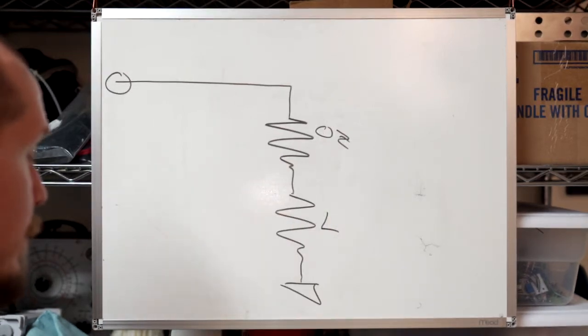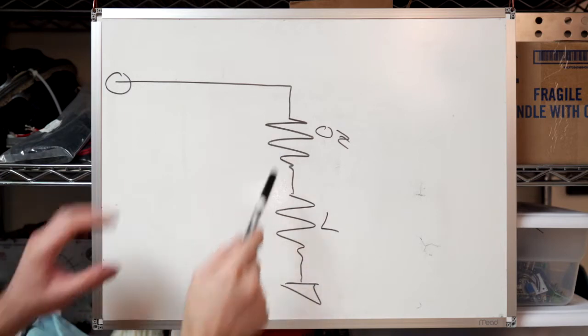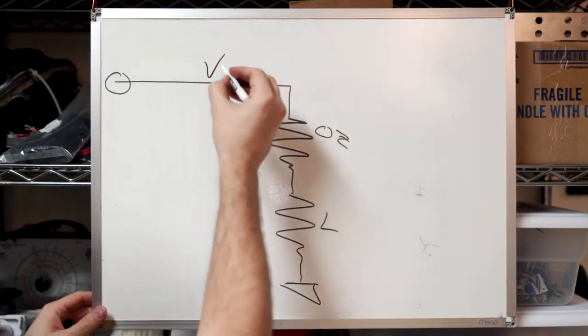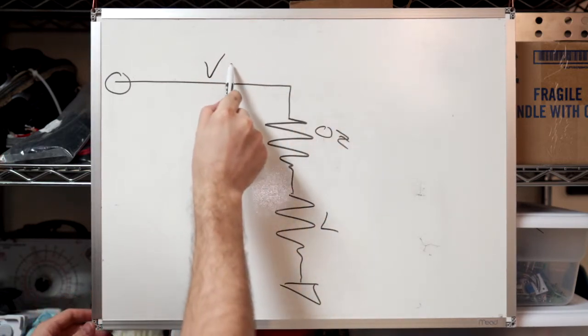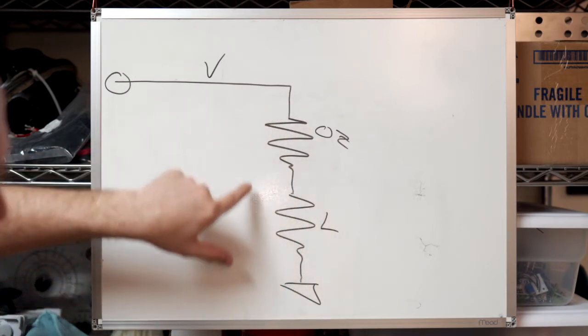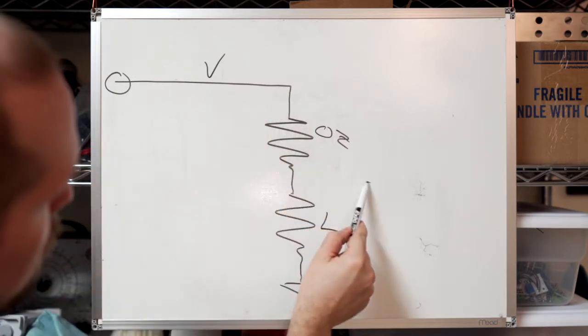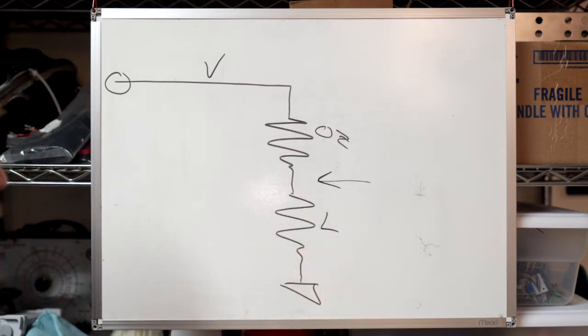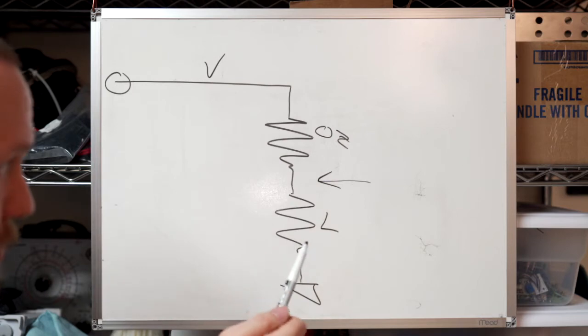First of all, let's think about what this does. If you have a voltage here, and this is just V out, and then you're looking at a voltage here, the voltage is going to be divided at this point by the ratio between these two resistors, or these two impedances in this case.